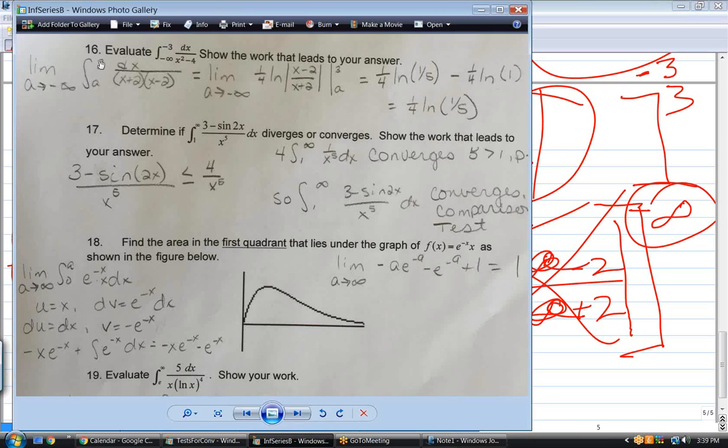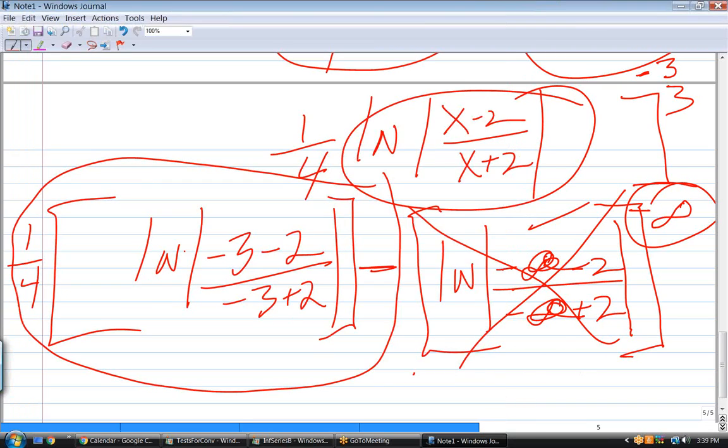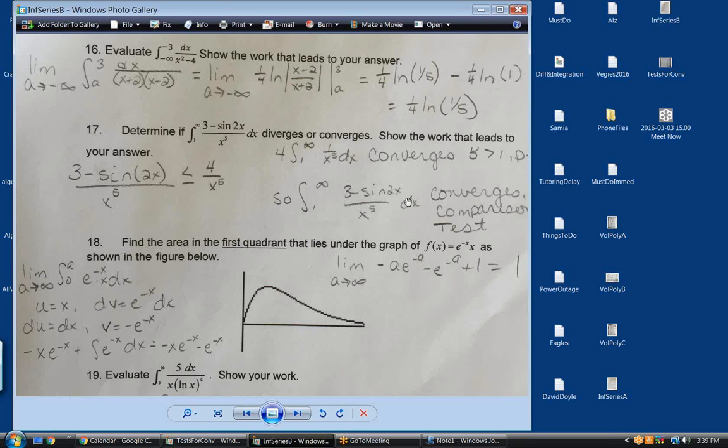She changed it to 3. I'm not sure whether she just did a typo or what. Because my answer came out 1/4 the natural log of 5, not 1/5. And I think maybe she's getting 1/5 because she let that be 3 instead of minus 3.